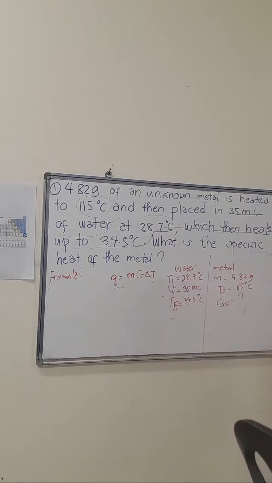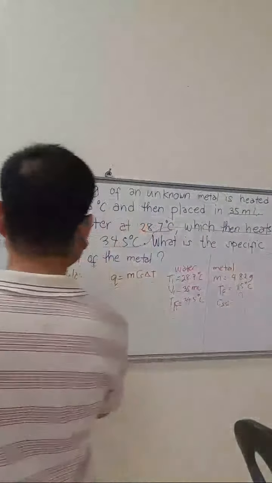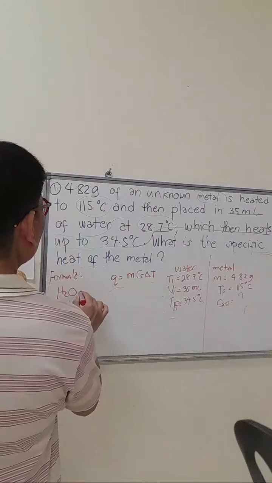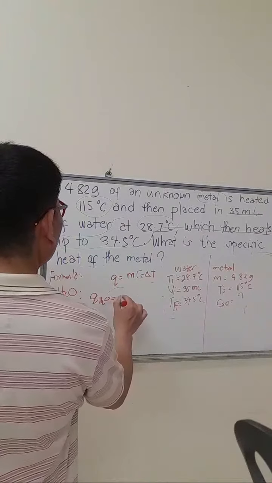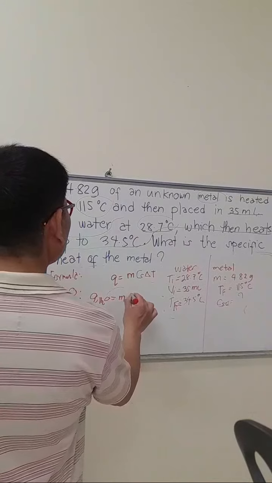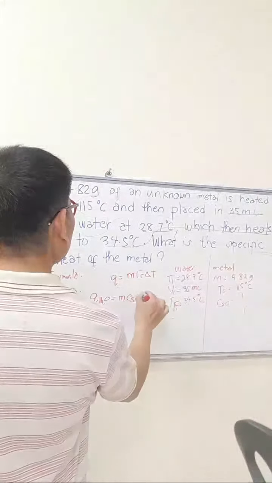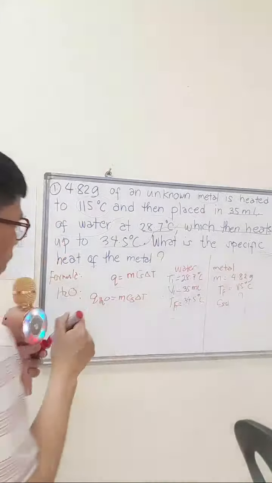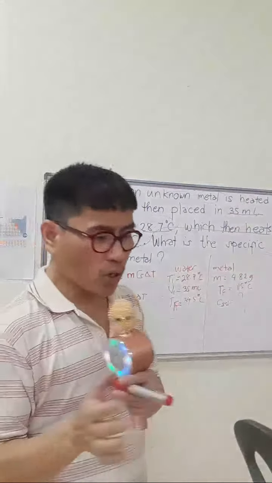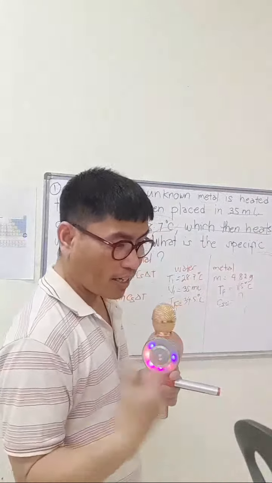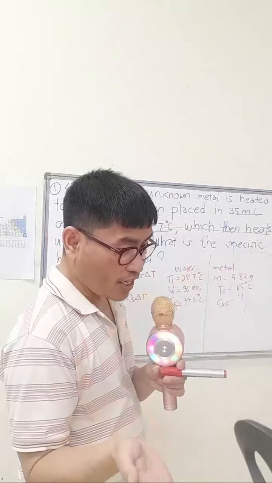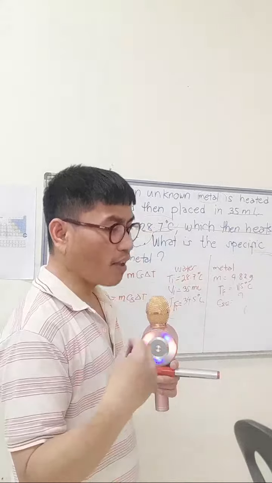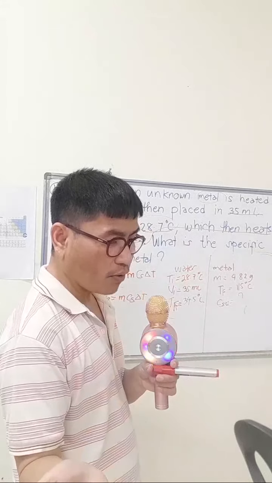Like that. Okay, and then Q of water. Q of H2O is equal to the mass of the water, specific heat of the water, and change in temperature of the water. Now, when you write the formula, you should think first what is available in the data, second, what is available in the standard, and third, what is available to correlate to other formulas.